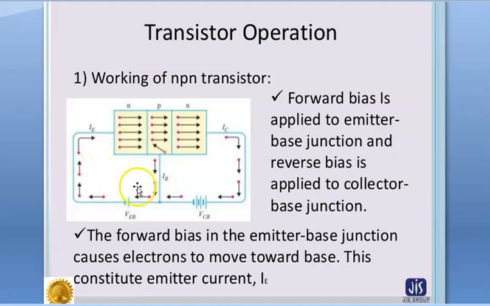In the emitter junction, when it is connected in forward bias, a large number of electrons move towards the base.